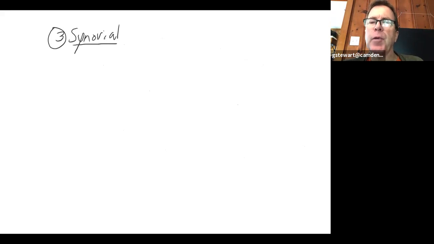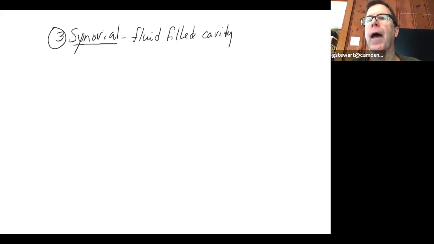Now this is a complicated joint, so it's made up of many different substructures, but there's always a fluid-filled cavity. And the fluid is called synovial fluid.